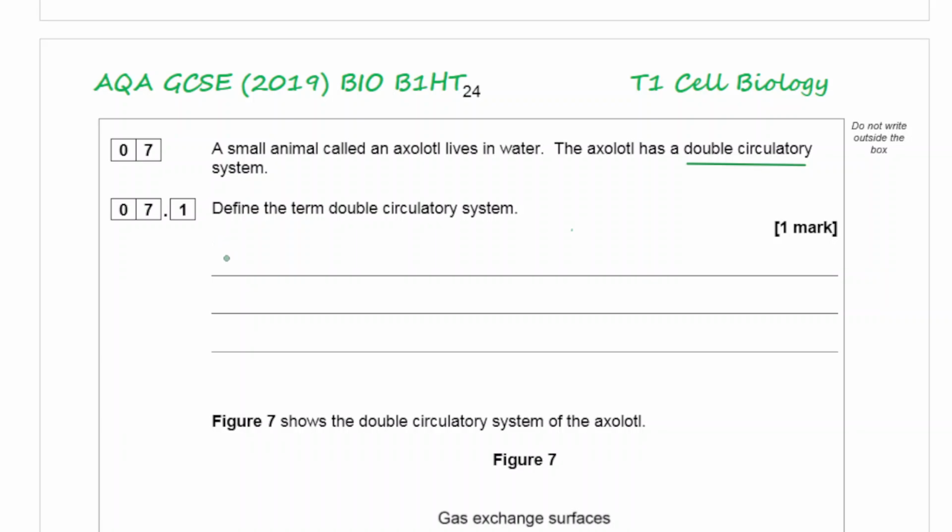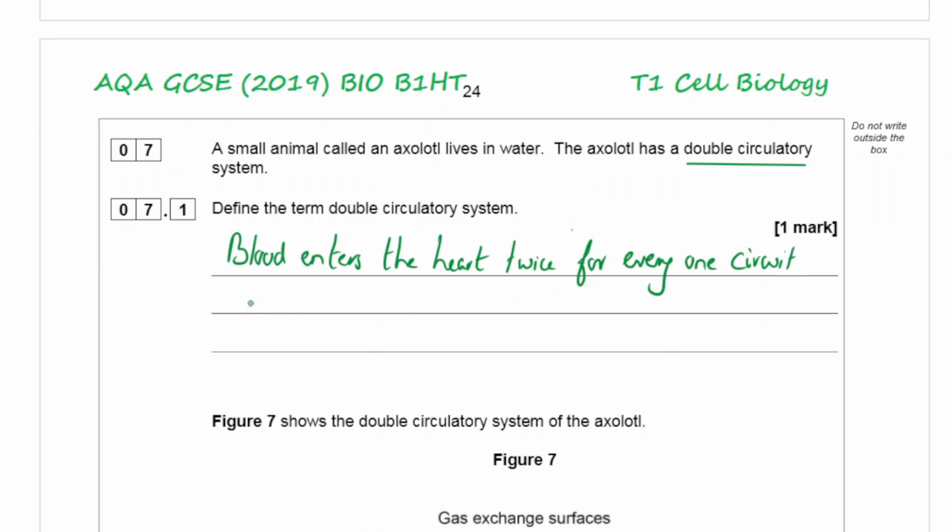We could say blood enters the heart twice for every one circuit around the body.